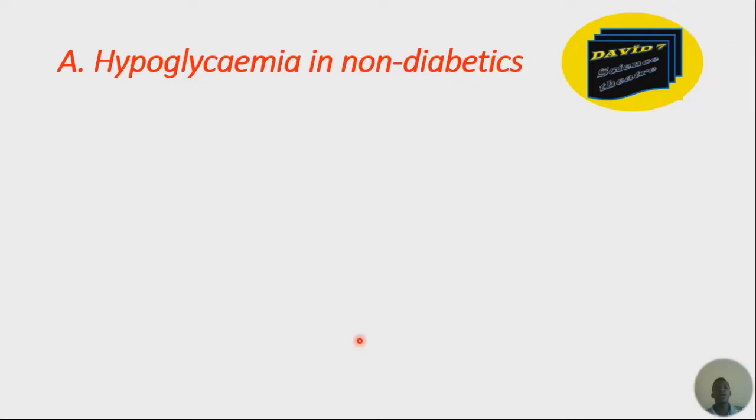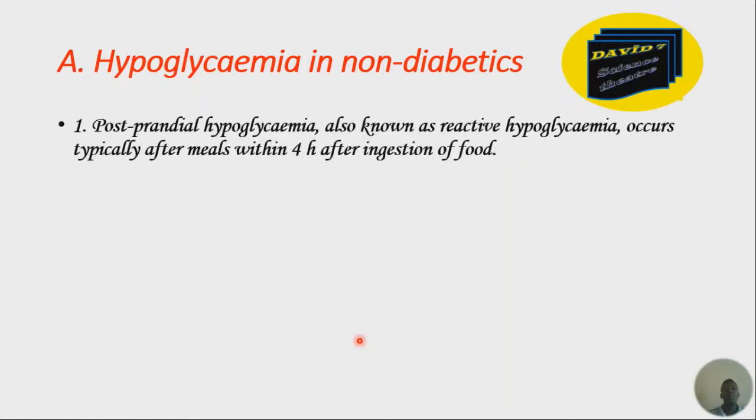So let's talk about hypoglycemia in non-diabetics. We're going to classify hypoglycemia as in diabetics and non-diabetics. In non-diabetics, you will have postprandial hypoglycemia after eating, also known as reactive hypoglycemia. This occurs typically within 4 hours after ingestion of food.